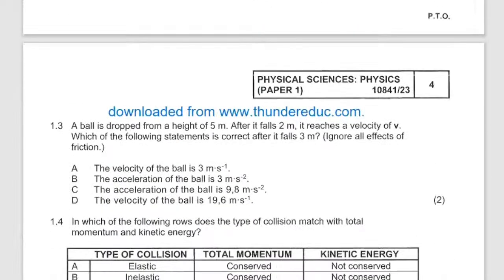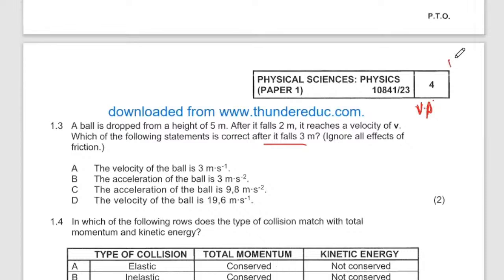Then now, 1.3, a ball is dropped from a height. After it falls, it reaches a velocity. Which of the following is correct? Now remember this is vertical projectile motion.